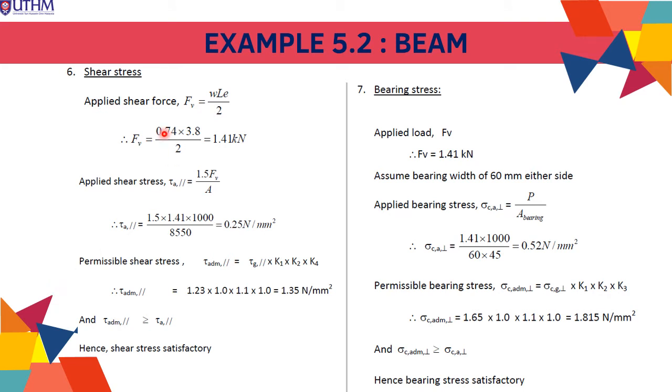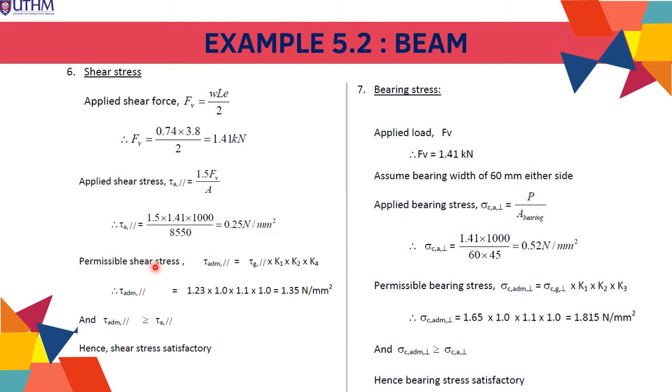Now we check shear capacity of our beam. For simply supported beam with UDL, the shear force we calculate as WL over 2. We get 1.41 kilonewton. Applied shear stress is 1.5 Fv divided by A, where A is our B times H. We get applied shear stress of 0.25 Newton per millimeter square.